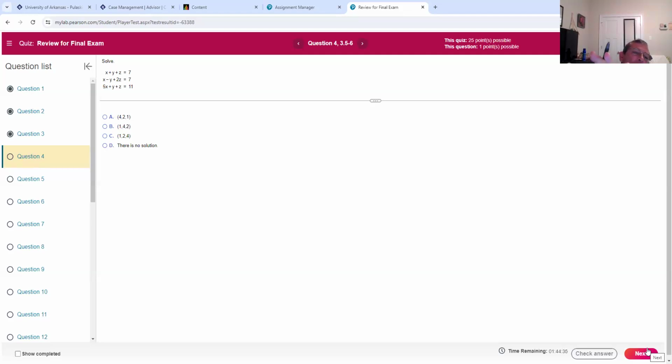Hey, y'all, I'm going to do this both ways. I'm going to work this one by hand because some of y'all actually like working them by hand like me. And then I'll do it on the calculator using my matrix stuff, okay? So first off, I'm going to do it by hand.